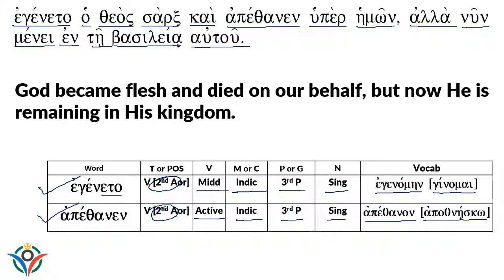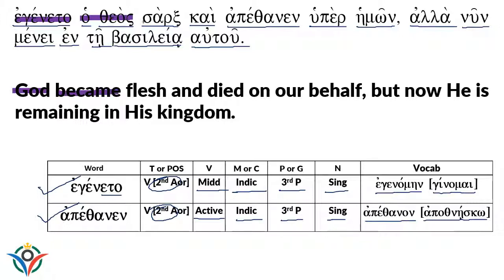All right, so let's look at the details here. We see that our subject is ho theos, so that is God. And then we have egeneto, which is actually a linking verb. And because it's the second aorist, we translate it as past tense. So it's "God became."